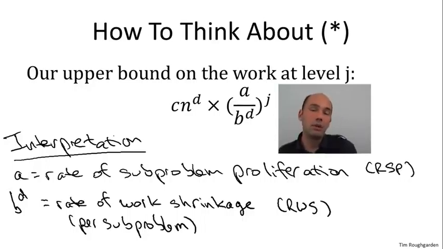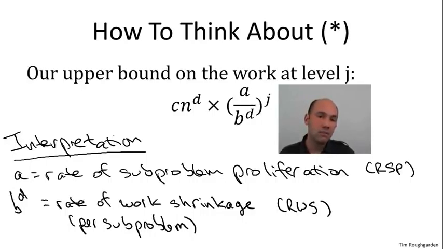Fundamentally, what the three cases of the master method correspond to is the three possible outcomes in this tug of war between the forces of good, namely the rate of work shrinkage, and the forces of evil, namely the rate of subproblem proliferation. There are three cases, one for the case of a tie, one for the case in which the forces of evil win, that is in which a is bigger than b to the d, and a case in which good wins, that is b to the d is bigger than a.